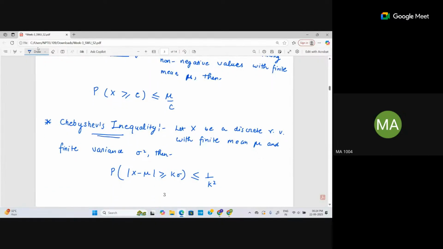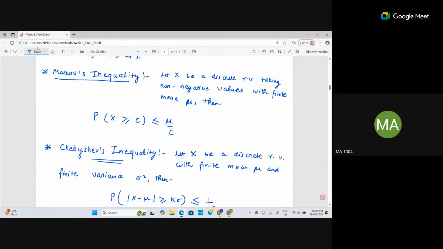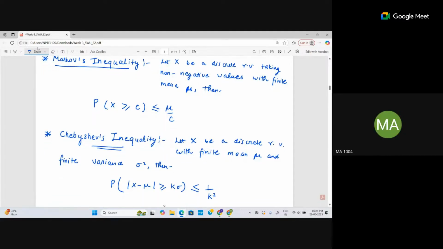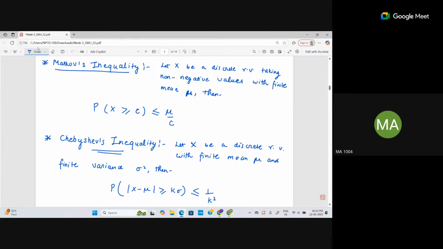In Chebyshev's inequality, we have a random variable which can take positive and negative values both. But in Markov's inequality, the variable should take non-negative values only. Here we have finite mean mu and finite variance also, but in Markov's inequality, we use only the mean.